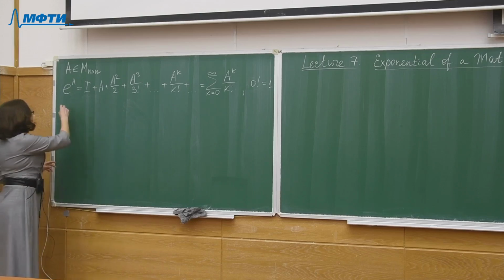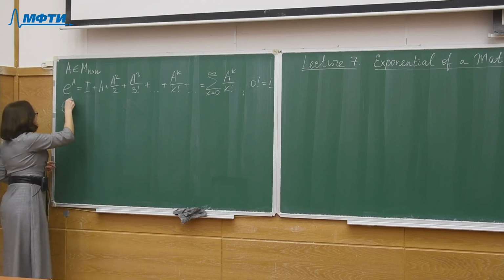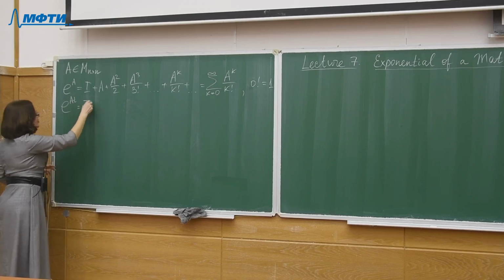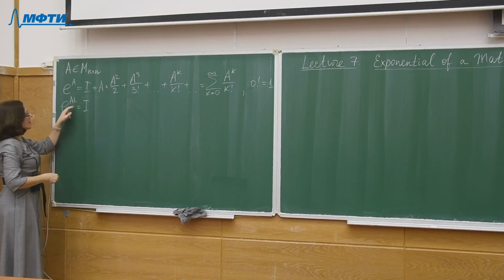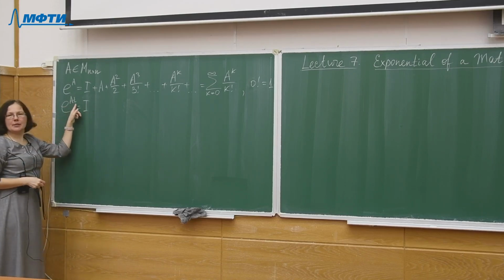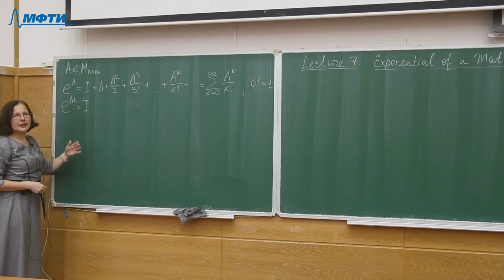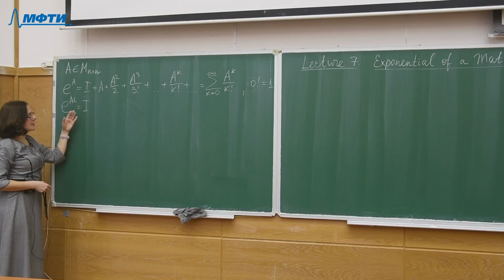Well, so in what follows, we will need e to the power At, which is equal to, so we multiply the matrix A by some constant t, and this will be the function, it will be the matrix.